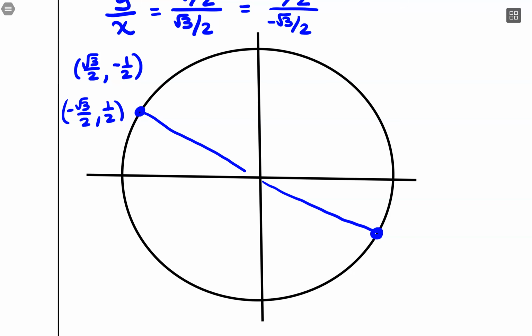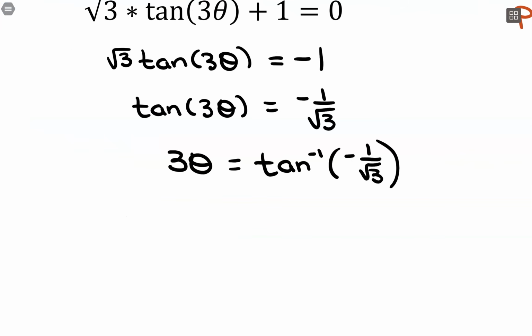Right there for tangent, we can see our period of pi. Since we haven't used the 3 yet, that's why we're seeing our standard period. That's a 5 pi over 6 and a negative pi over 6. So going back, now we can split this up into the two possible solutions.